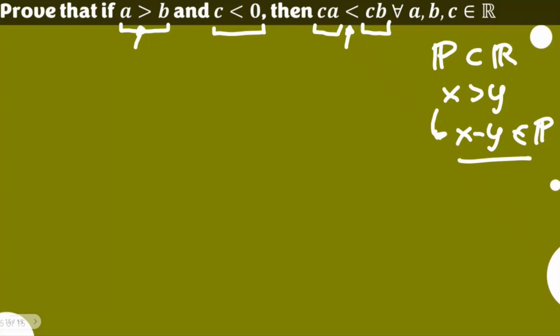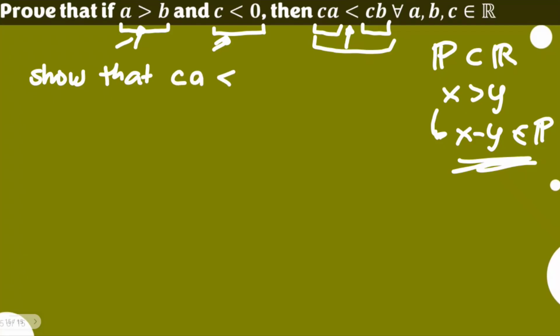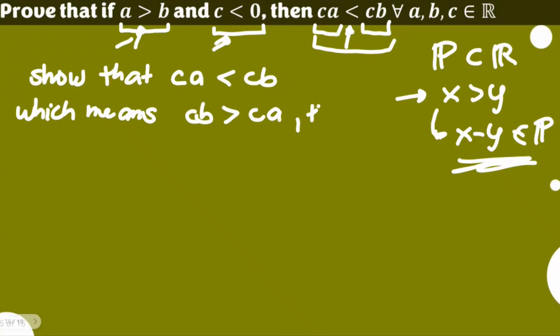We will be using this definition as we will have this goal here together with our assumptions here. So looking at the goal, we need to show that if CA is less than CB, which means we can interchange them following this order, CB is greater than CA, then using this definition, we can claim that CB minus CA is a positive real number.